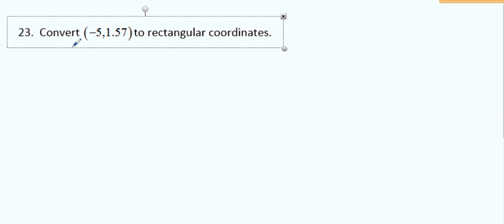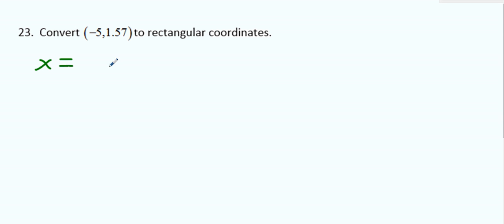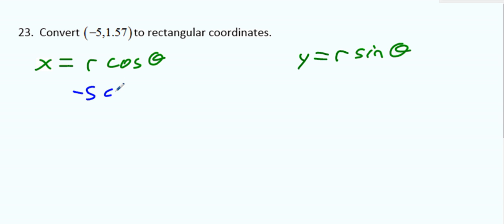So now we're converting these polar coordinates to rectangular coordinates. So we need to use x equals r cosine theta and y equals r sine theta. So r is -5 and the angle is 1.57 radians.